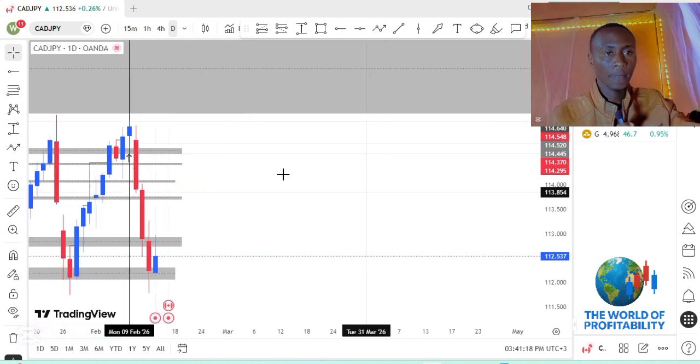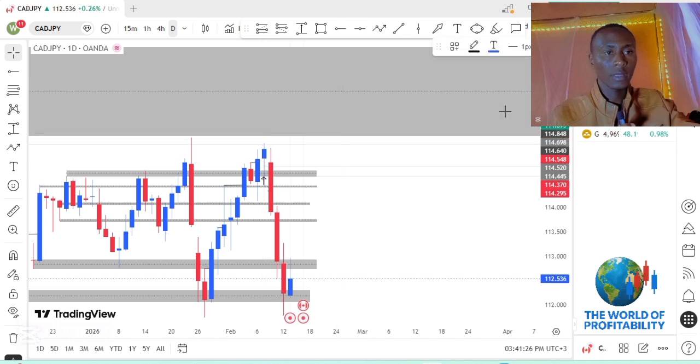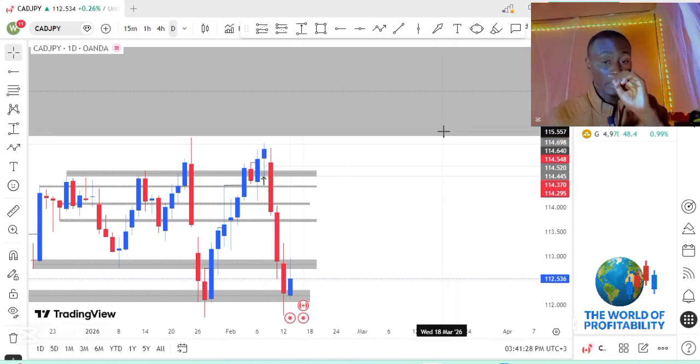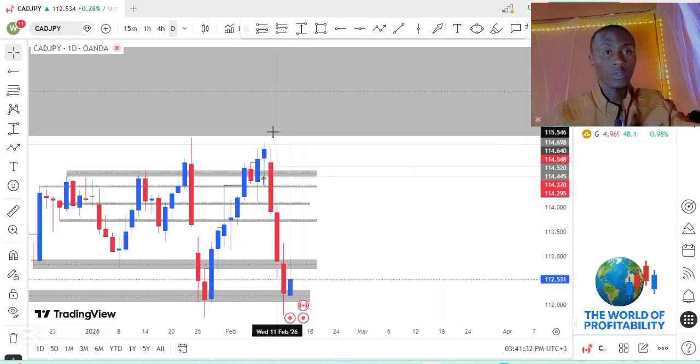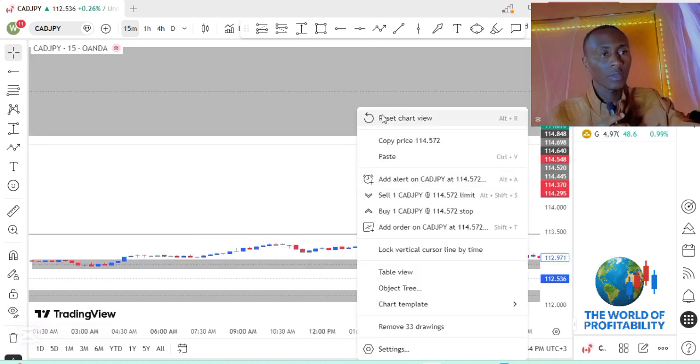It's this day here which closed bullish with a long wick to the downside, which signified that the buyers were taking over the market. And so the following day, which was on Tuesday, I was looking for a bullish setup, and luckily I got some. So let's wait for it to load. Okay, here we go.